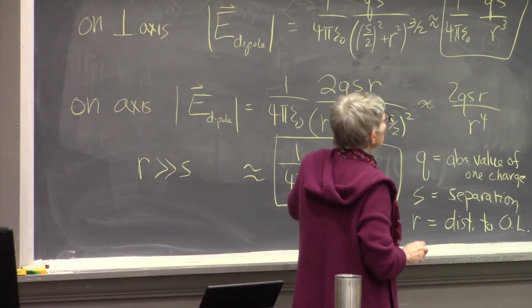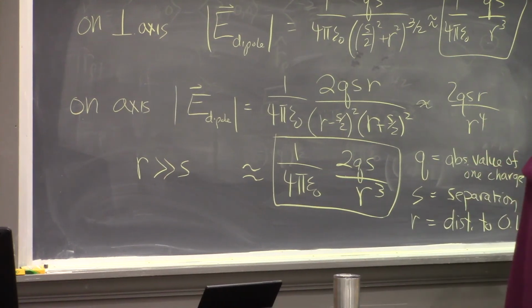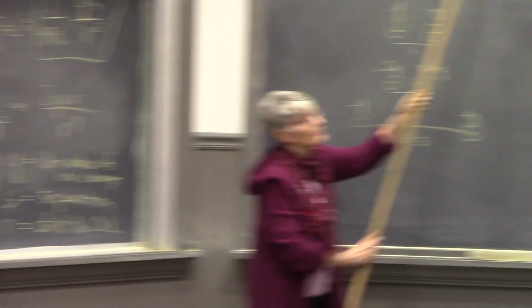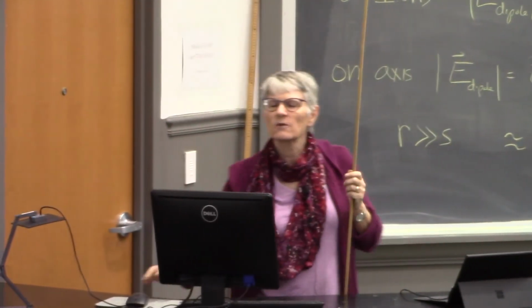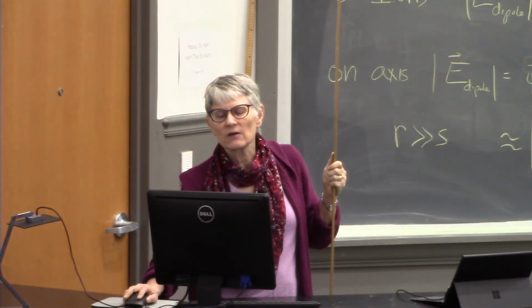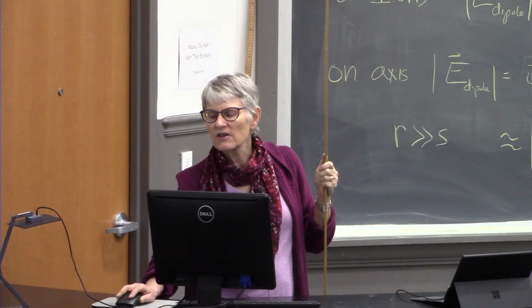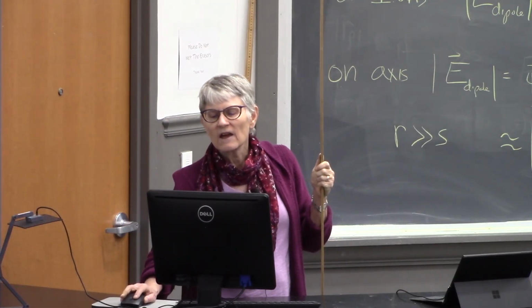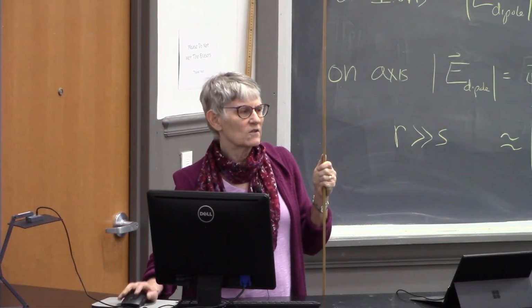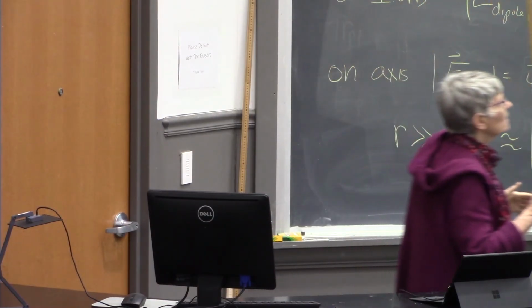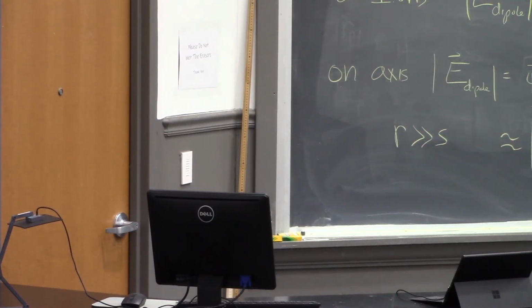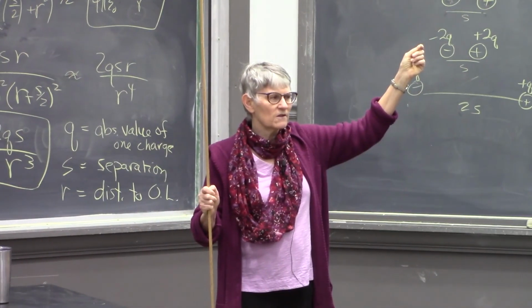You see it in the equation, but think about the fact that what we were doing is adding the fields. When we did this calculation, we were adding the contribution of the positive charge and the contribution of the negative charge. So if these two charges were exactly in the same place, on top of each other, would those contributions be different?